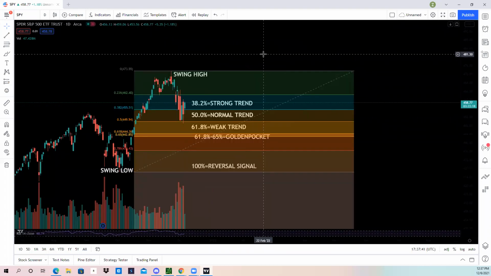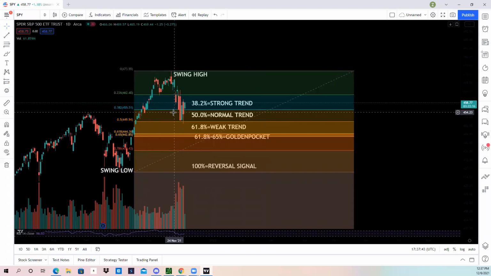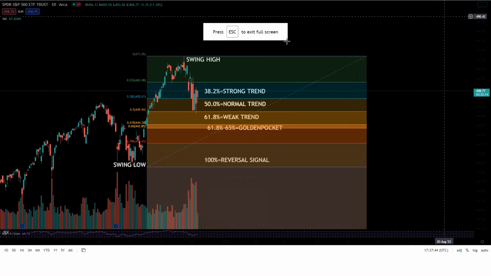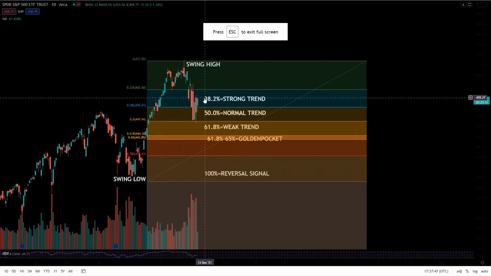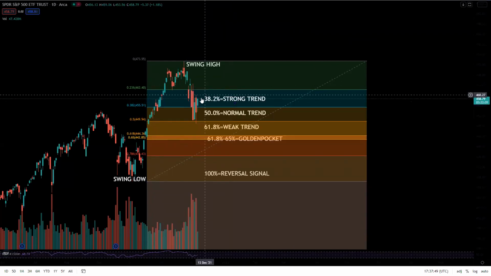So if you notice, what we did with the SPY, the S&P index, basically the overall market gauge, bounced here. So we had a massive run up, a very, very nice run up. And then we bounced here. So it looks like we're in a normal trend, and we're finding support at the 38.2% level, which looks good. So what you would look for is for this to continue bullishness.